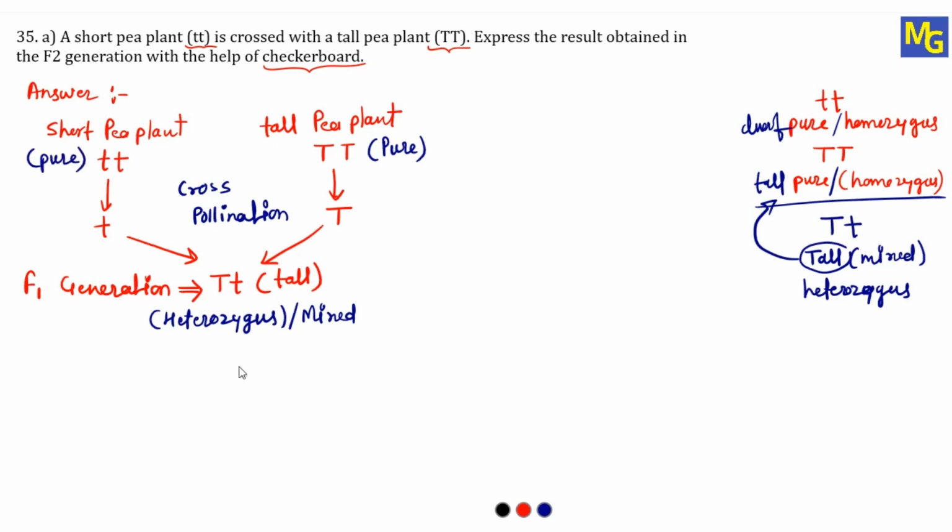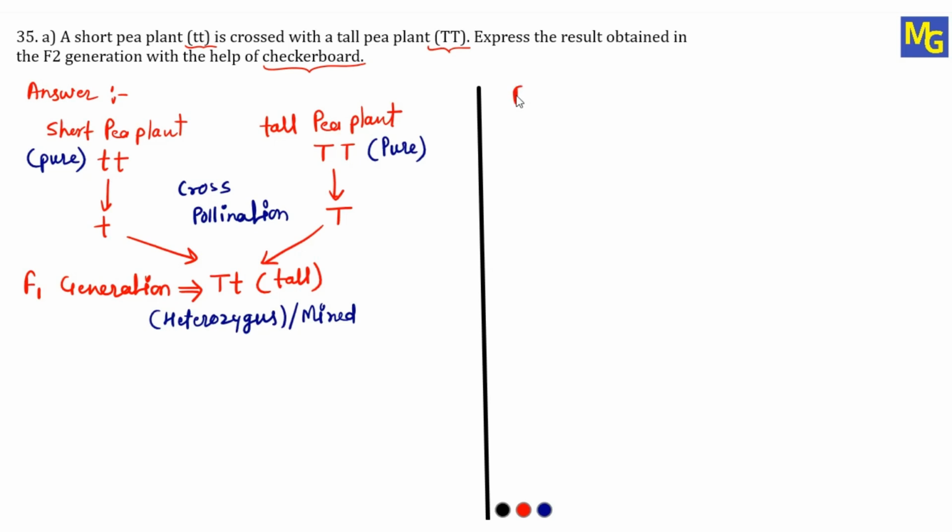Now by using the progeny of this F1 generation, we are going to do the F2 generation. So let me divide the page into two. Now here we will start with the F2 generation. In the F2 generation, we are going to use the progeny from the F1 generation. So we will write it here. Tall pea plant can be shown by capital T and small t.